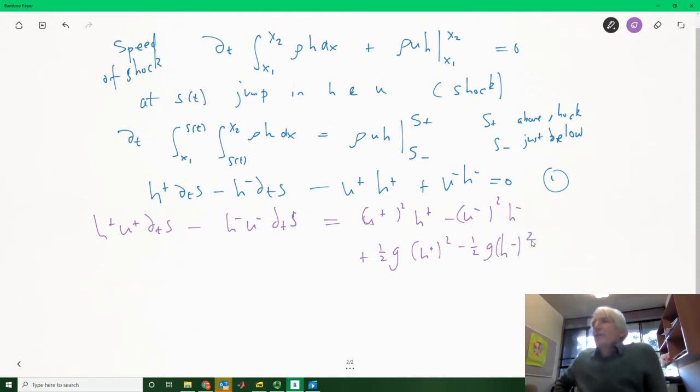I'm not sure what you get out of seeing me write down those equations. They're in the notes anyway. But it's these two equations that you have to solve that give you the speed of the shock.